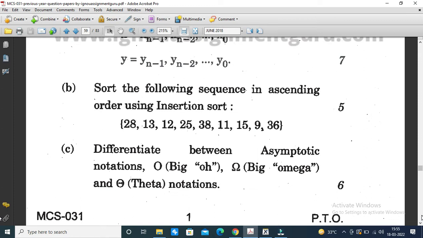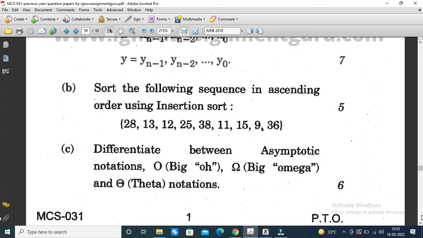It's again a very easy question, and in your exam they are going to ask one question on sorting, like a mandatory question, because I have seen that in almost all the years they have 2 to 3 questions on sorting, like merge sort, insertion sort, heap sort, quick sort, bubble sort.